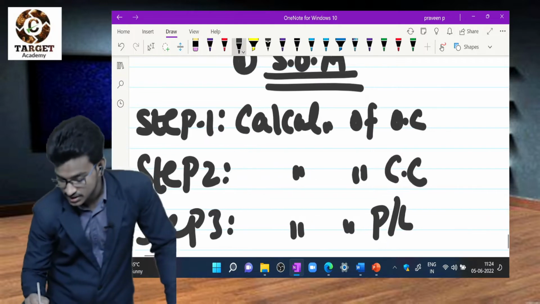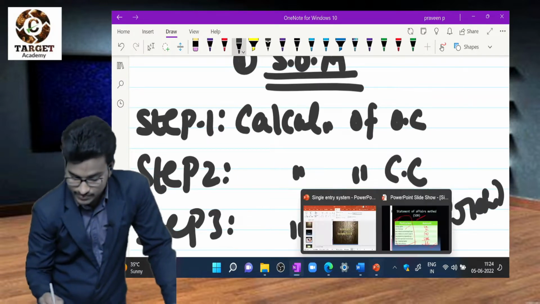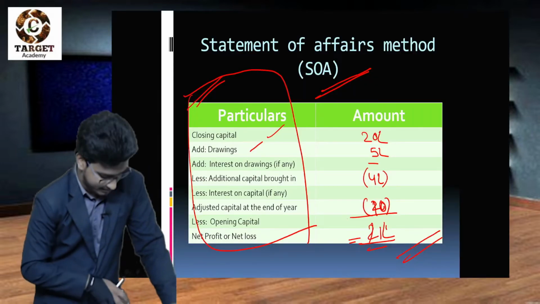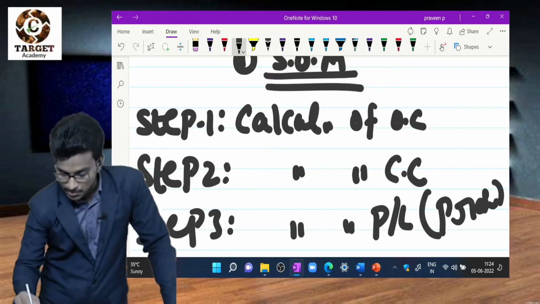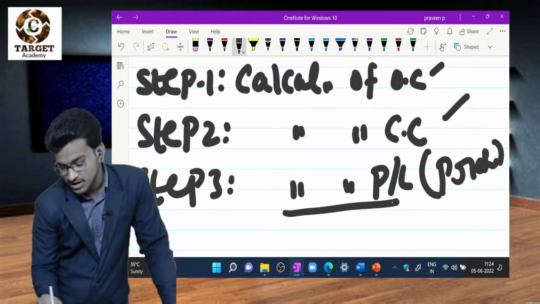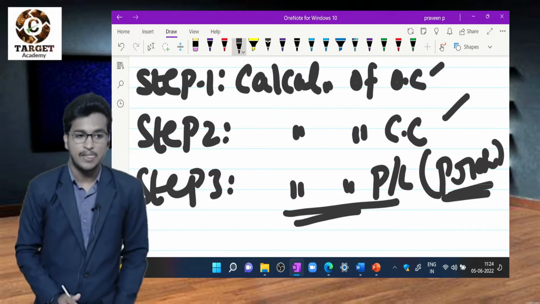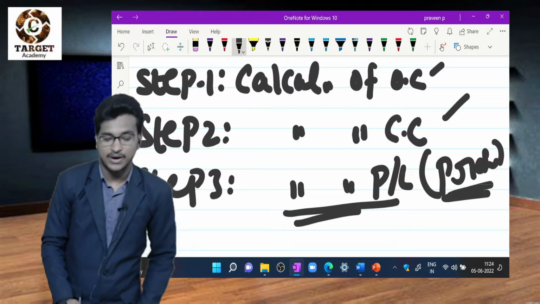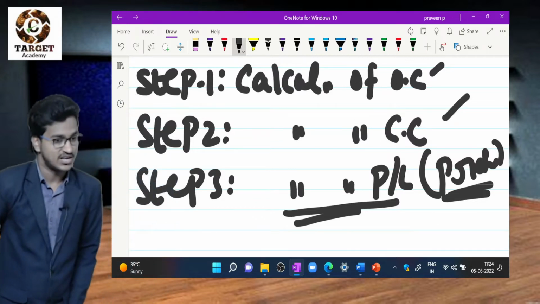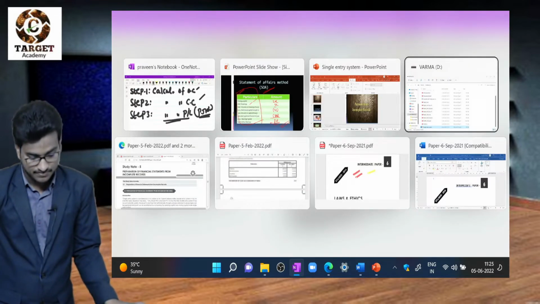That means the pro forma; just now we saw the same pro forma. So first we have to find out the opening capital, then the closing capital, then the last step is to know the profit or loss by using the pro forma. What is the pro forma? Closing capital, add drawings, plus additional capital. That is the net profit or net loss.